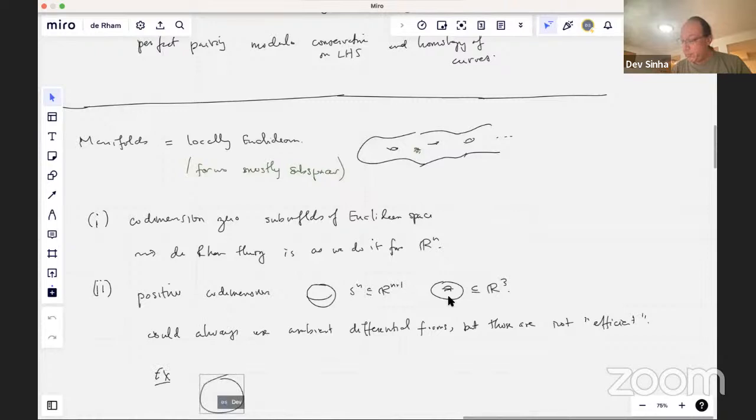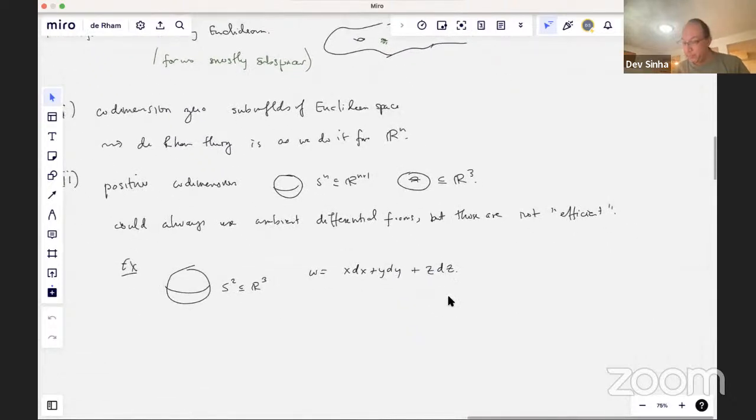If I look at S2 inside of R3, and I take the one-form omega equals x dx plus y dy plus z dz, we want to integrate that along, say, some curve in S2.